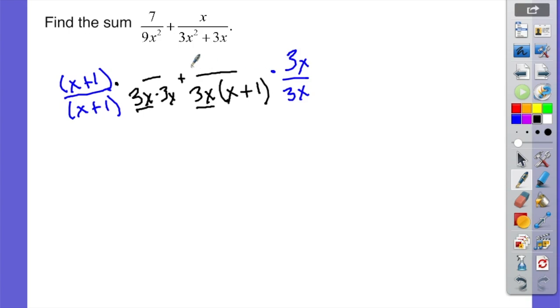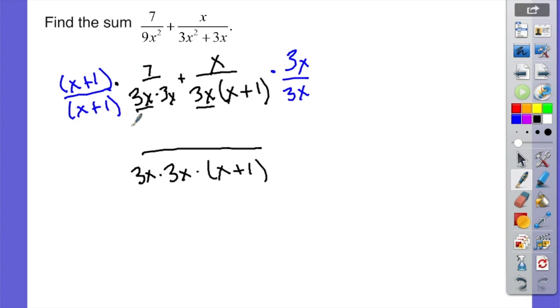Top and bottom. Now notice I put the binomial in parentheses to remind you to distribute. I'm going to keep the denominator in factored form just in case we can cancel it out. So I'll keep it in fully factored form. So it's 3x times 3x times x plus 1.